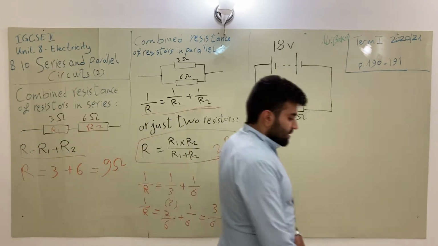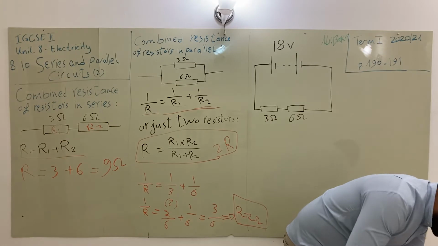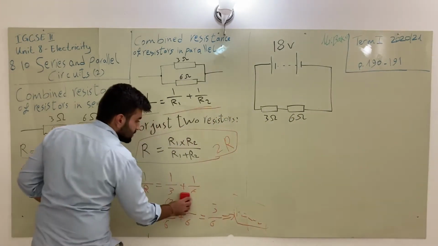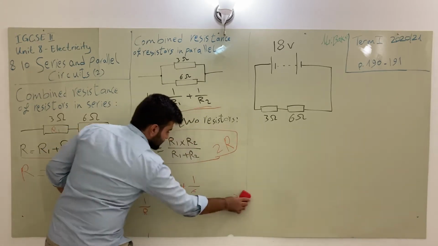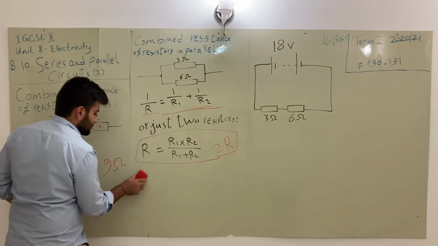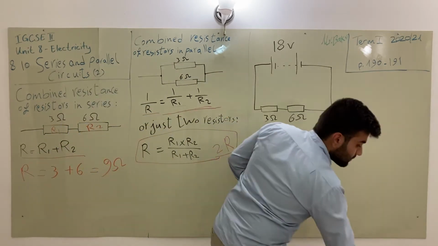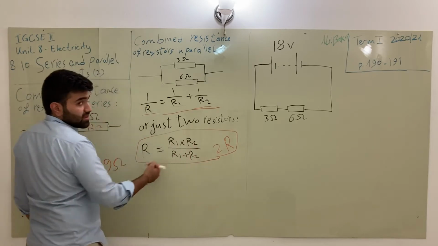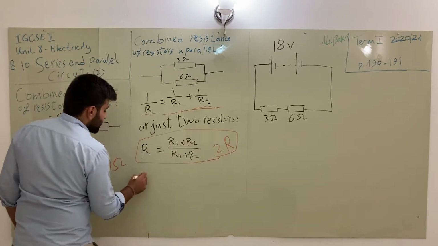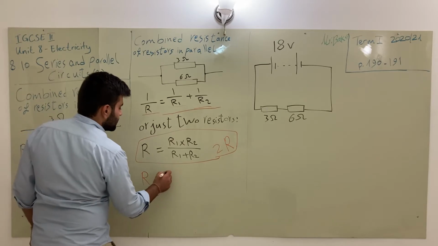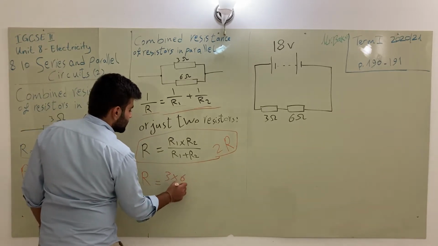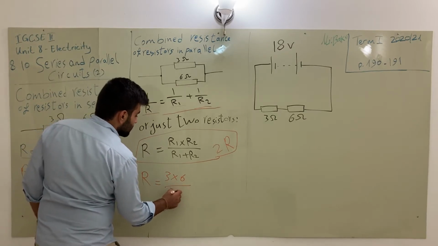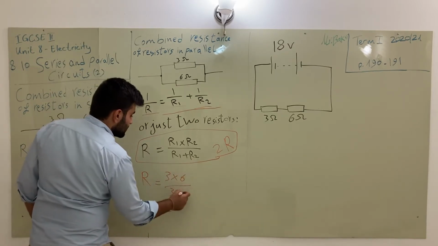Now let's do the other way here. They say you should multiply them, then divide them by the sum. So let's try it also. R is equal to 3 multiplied by 6 over 3 plus 6.